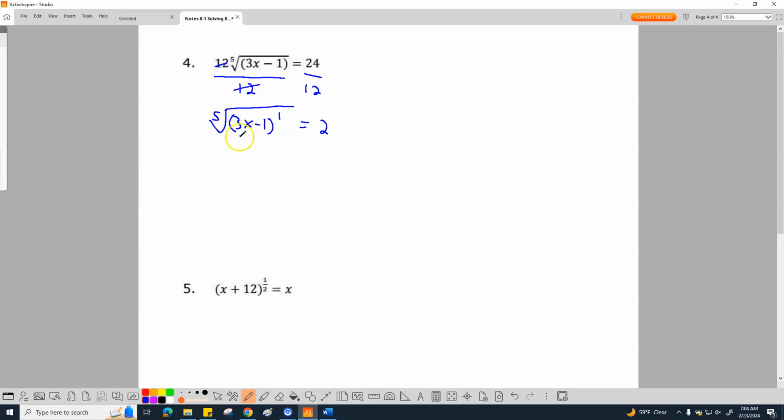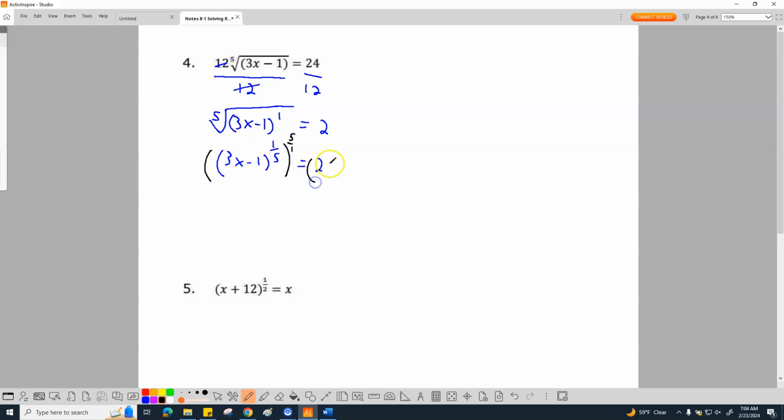Now I'm going to rewrite this into exponent form. This is going to be 3x minus 1 raised to the power of 1 over 5. 5 is the denominator, and 1 is the numerator. Now I can raise this one more time. Because it's the reciprocal, I'm going to raise it to the power of 5 over 1.